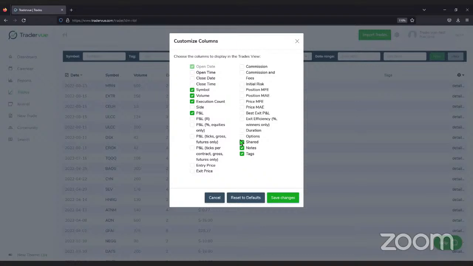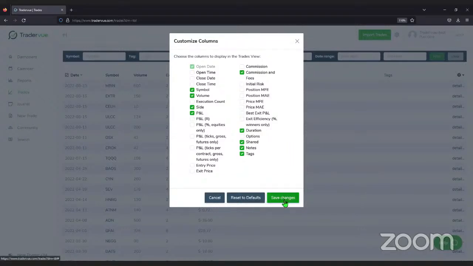Let's say, for example, that commissions and fees are super important for me. I can add that. But let's say also that execution count is not important for me. Let's say that side is important for me because I want to know if my trades are either long or short. Duration could be another one that is important for me, at least.